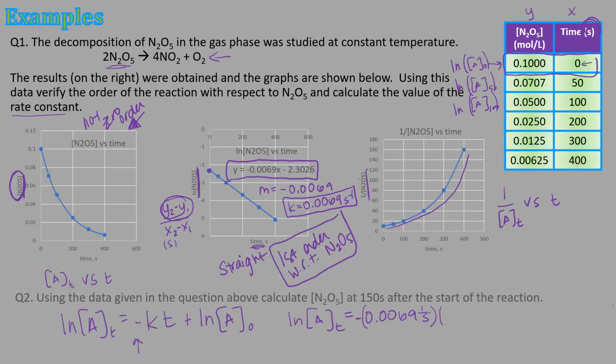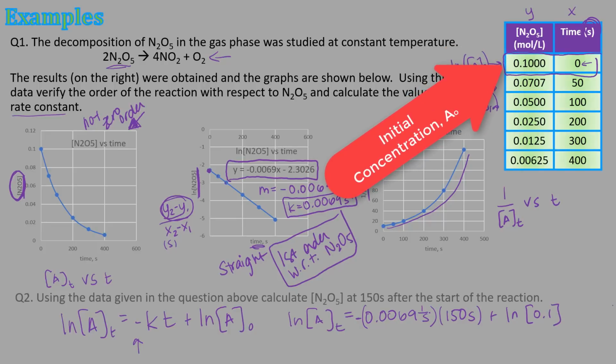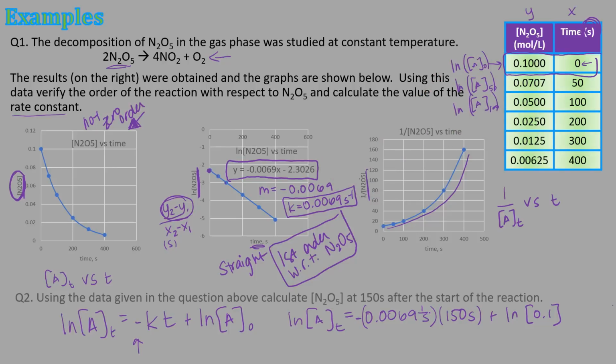And then my time is 150 seconds plus the natural log of A naught, which is 0.1. So if I multiply these first two here, and then add the natural log of 0.1, I get negative 3.338.